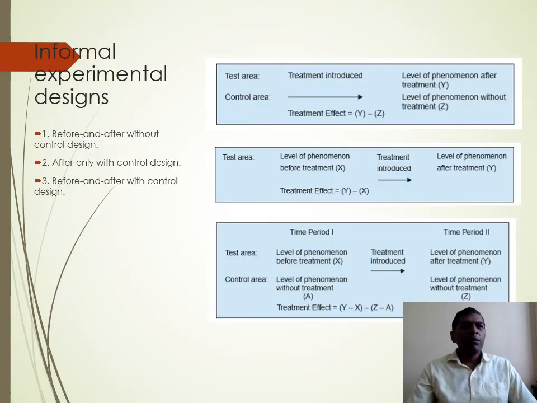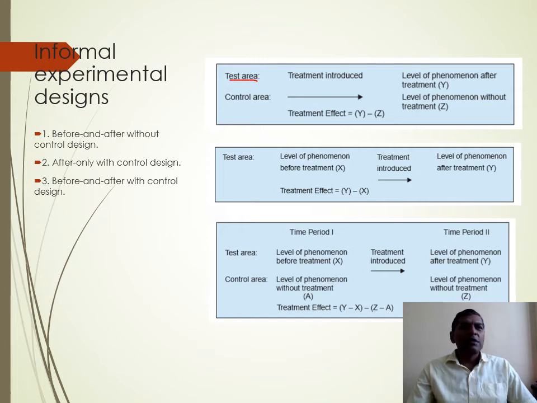The informal experimental design, before and after without control design, is shown here. It shows that we have a test area, and in this particular test area, the control is not much affecting the experimentation.